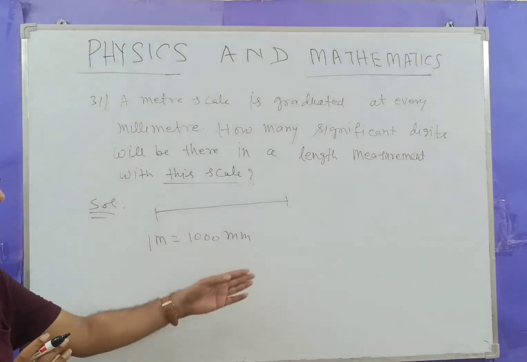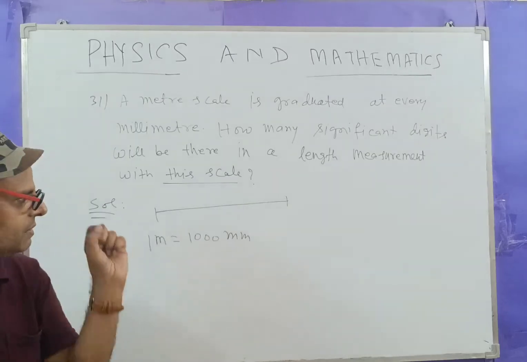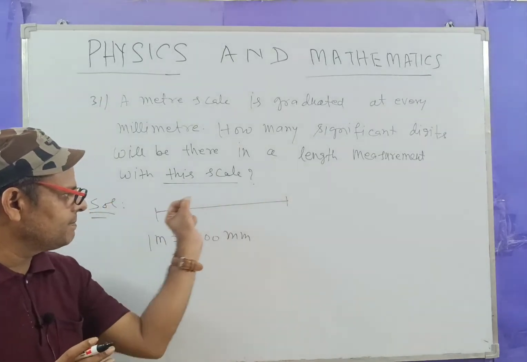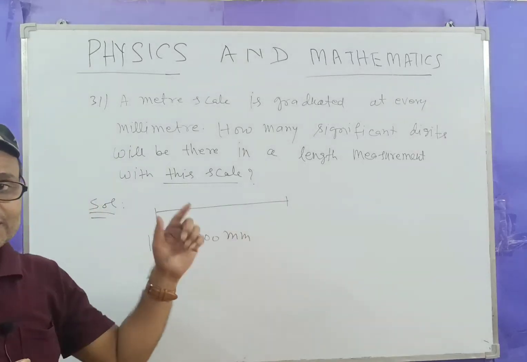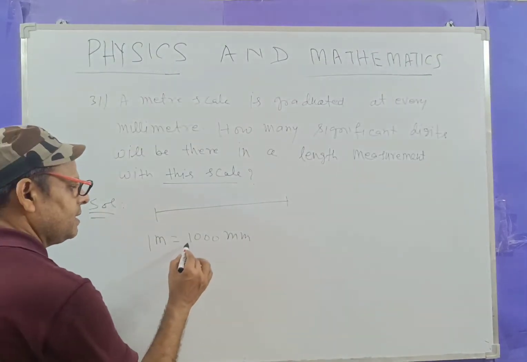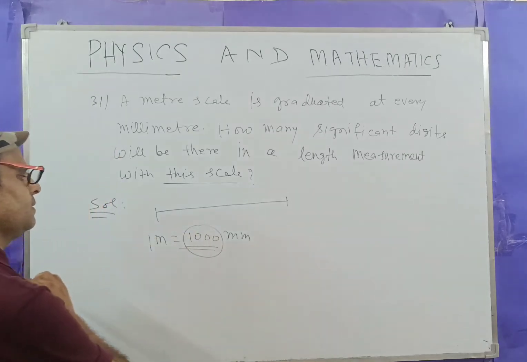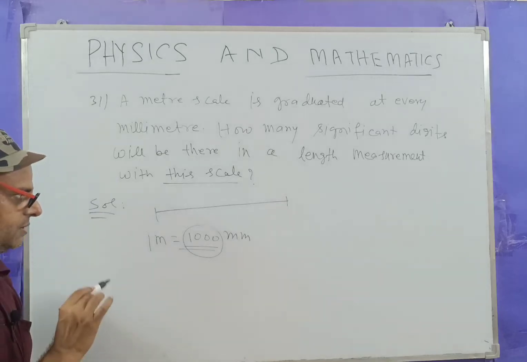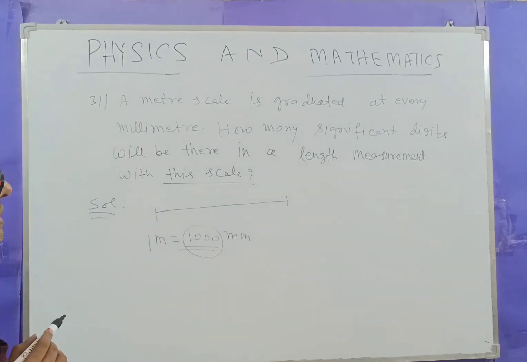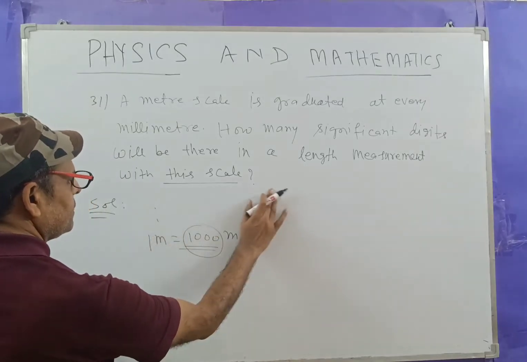It is graduated, which means each millimeter is marked in 1 meter. There are 4 digits in 1000. But here the question is about significant digits. How many significant digits could be here?